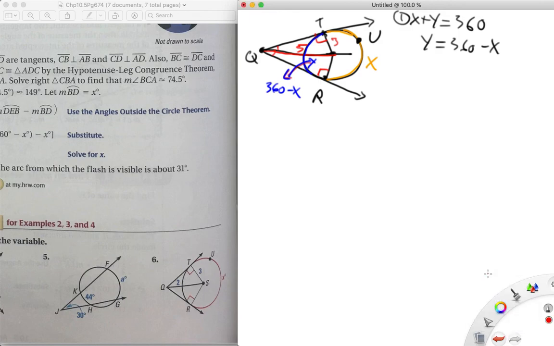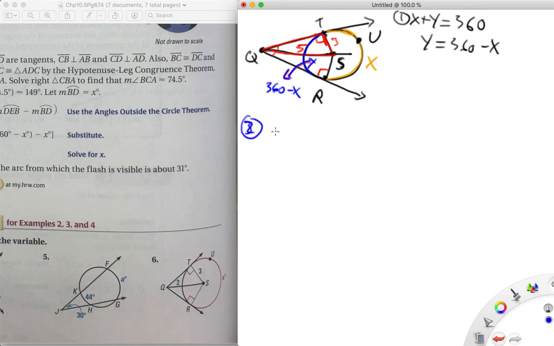All right, so we have this right triangle right here. Q, T, S. We're looking for angle TQR.